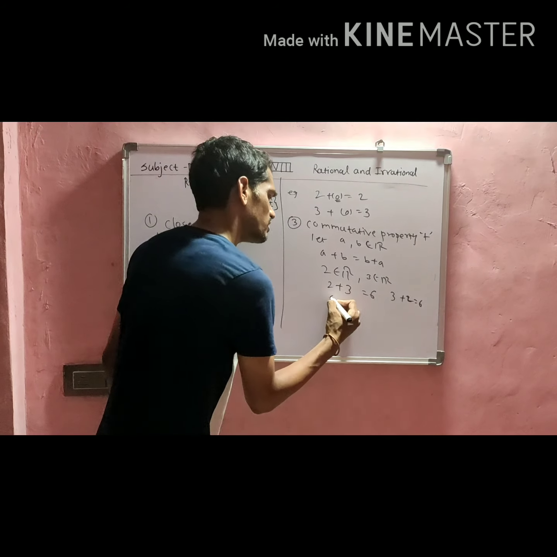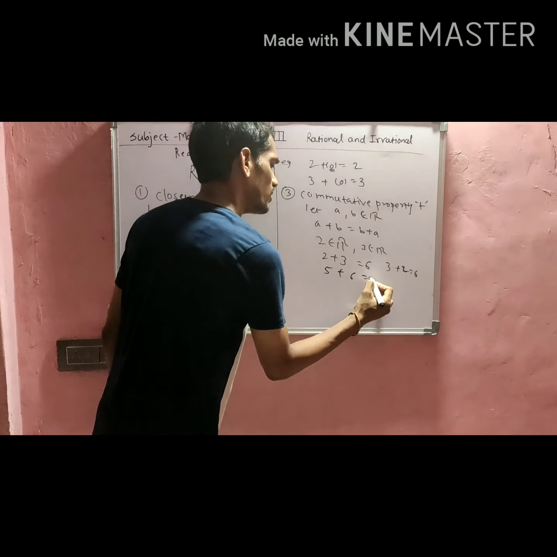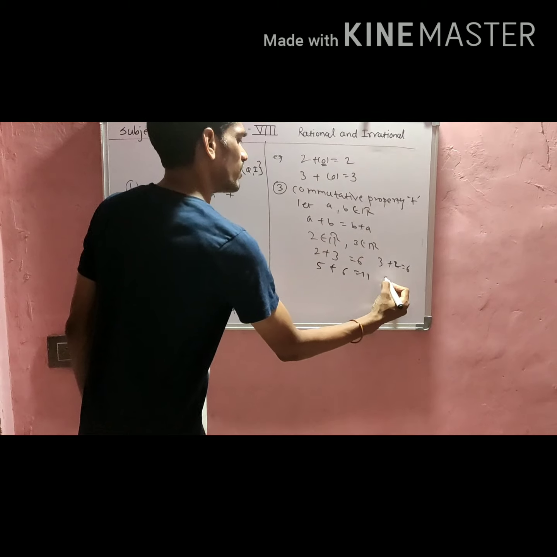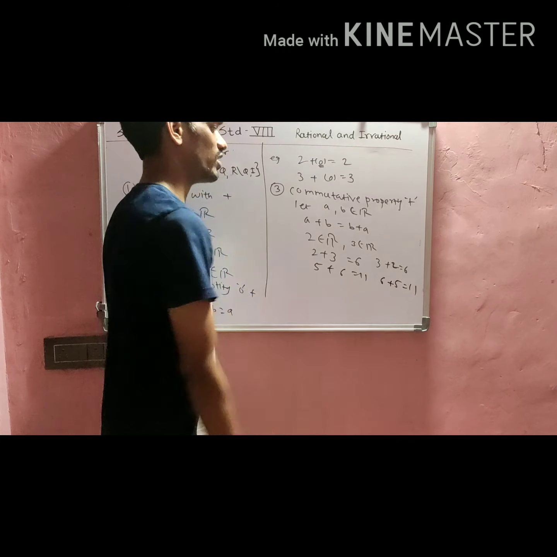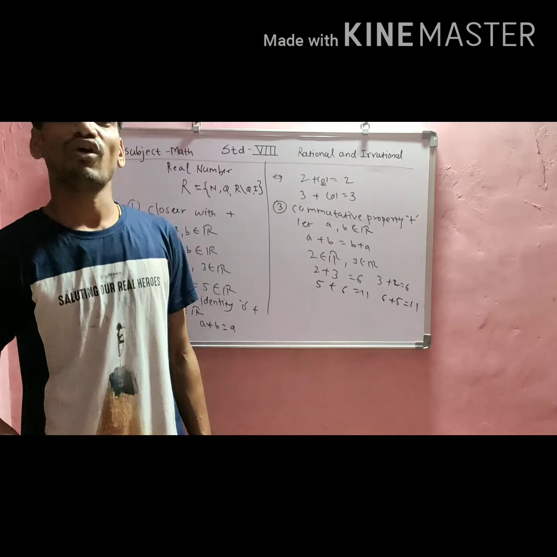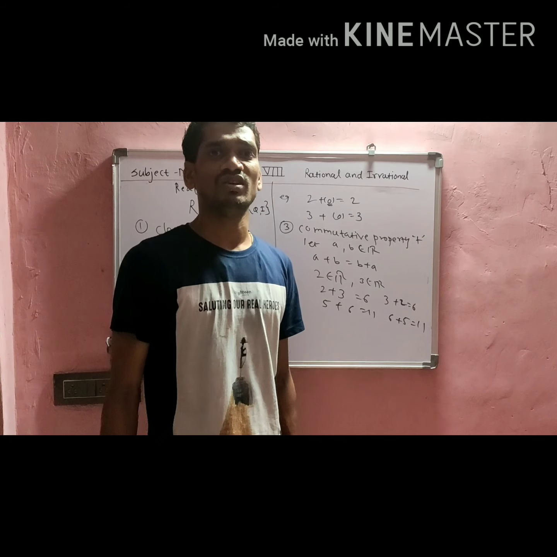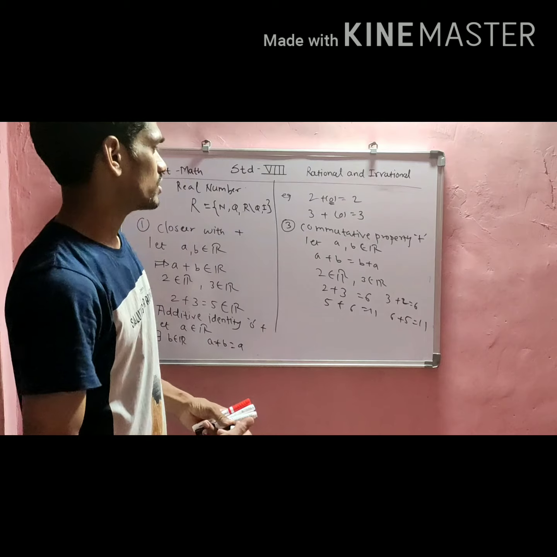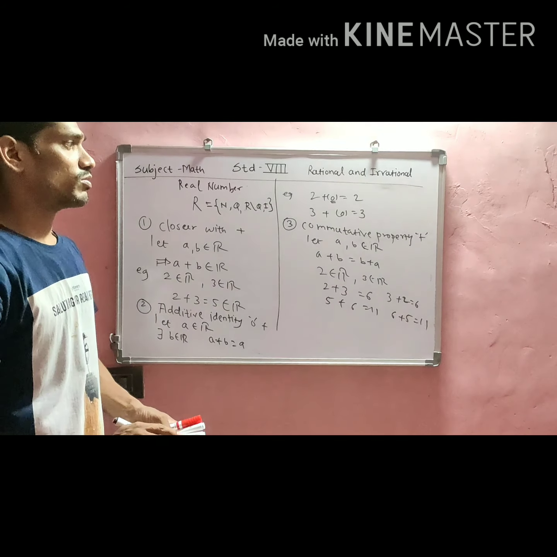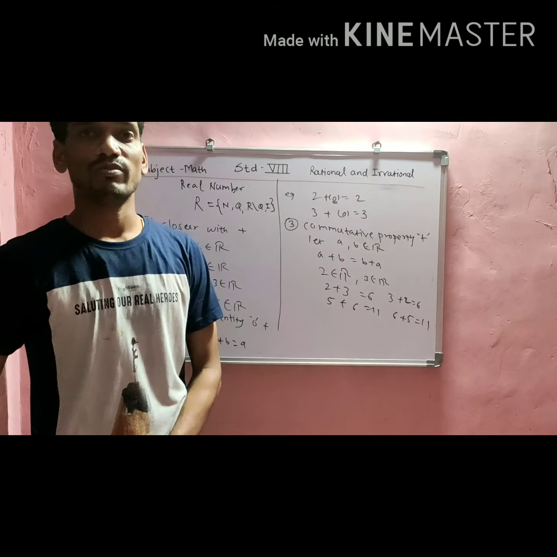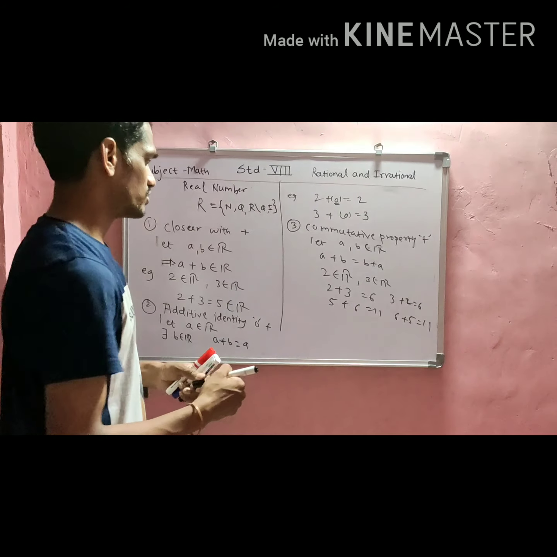If you take 5 and 6, what is the addition? 11. And if you add 6 and 5, then again 11. If you change the order of the addition, the answer is the same. It does not change. So this is the third property, called the commutative property with respect to the plus binary operation.